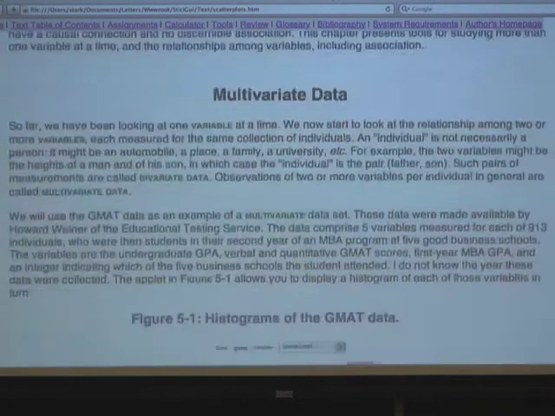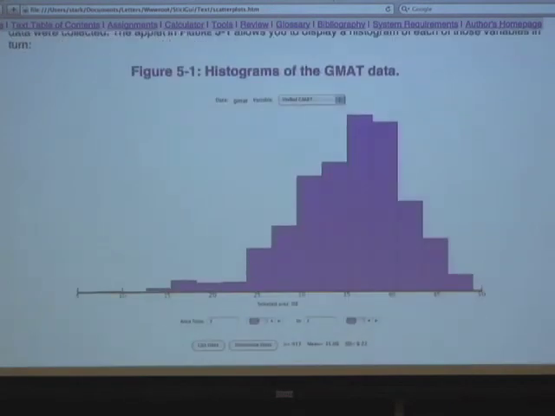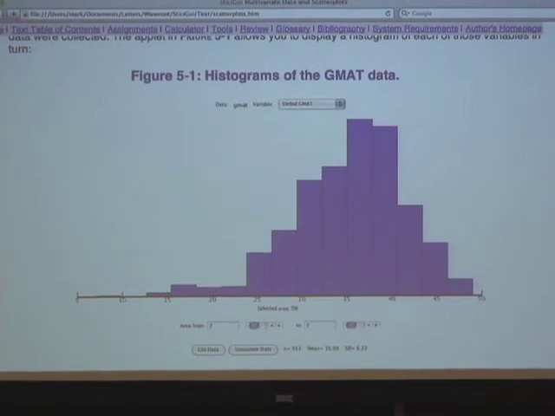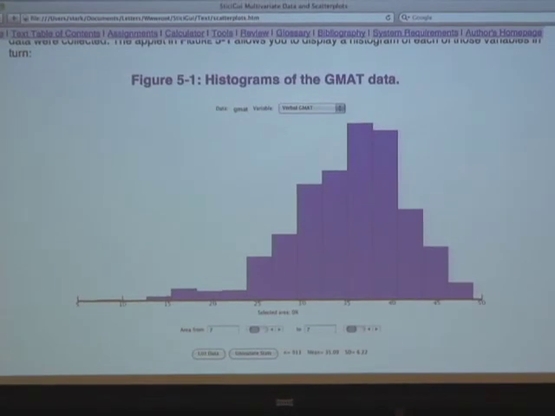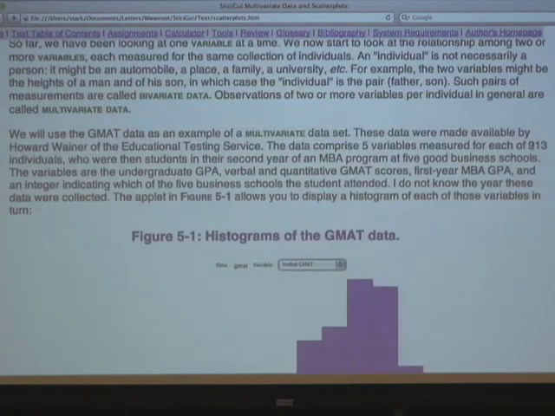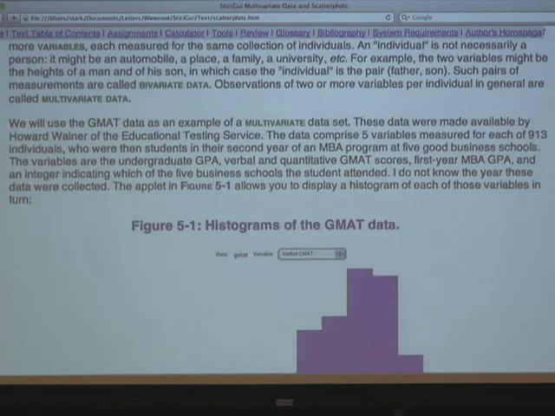So a data set that we're going to talk about, this is another one of our sample data sets. These are measurements on a handful of variables for, was it 800 and, I've forgotten how many students it is, 913 business students who went on to one of 5 quote-unquote good business schools.